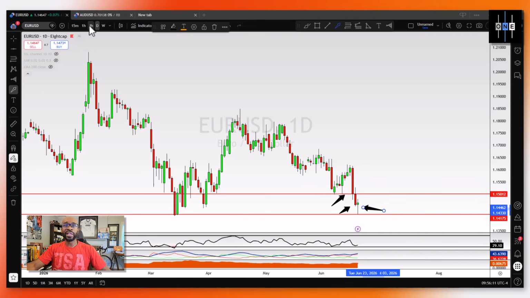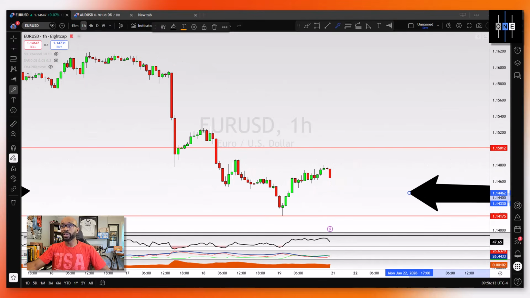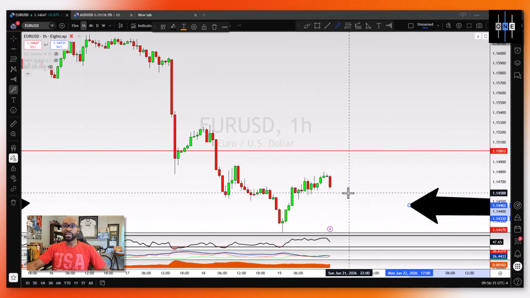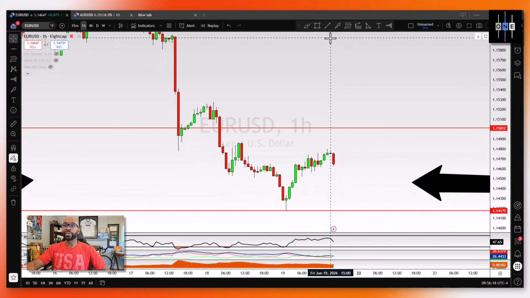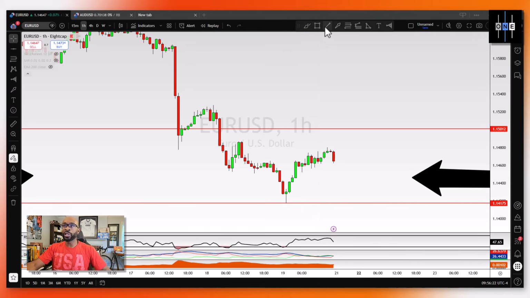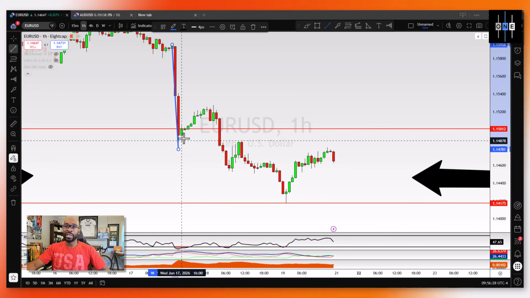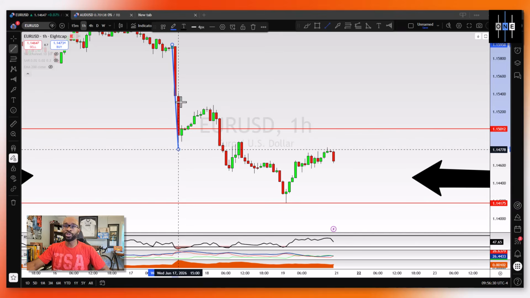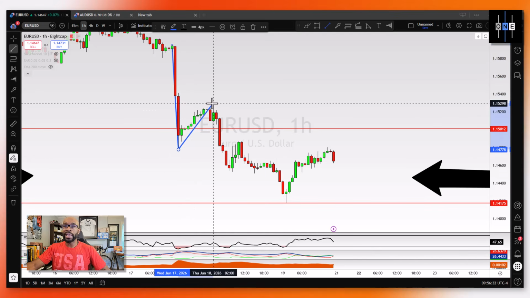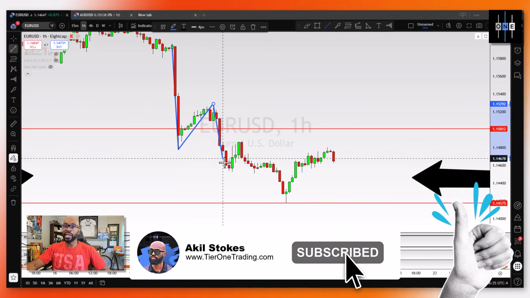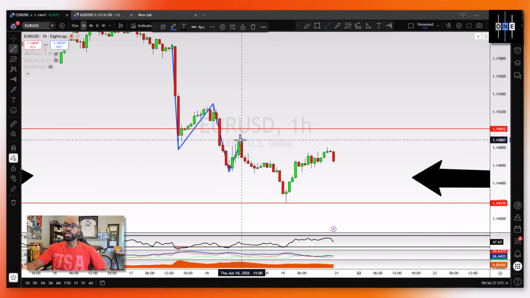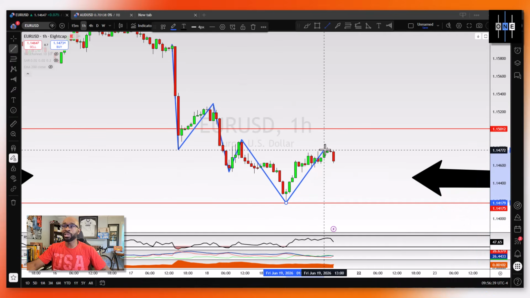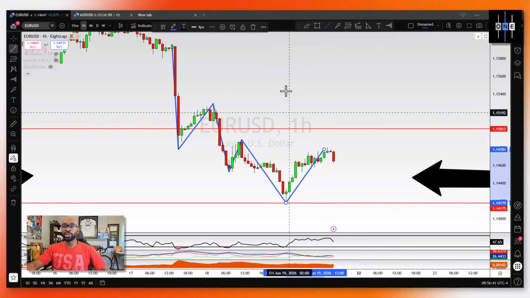And as I dive down to a lower time frame, let's go straight to the hourly. What do I see but a classic reversal pattern? If we connect the dots again, because I think this is a cool exercise that all of you should be doing, no matter your level of trading, it's never too late to practice this, or you can never get enough practice of this. We have a swing low to swing high to swing low. We come back down here, we come back up here, we come back down there, we come back up here, and we're starting to form what is called a head and shoulders.